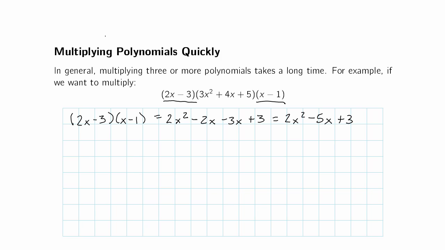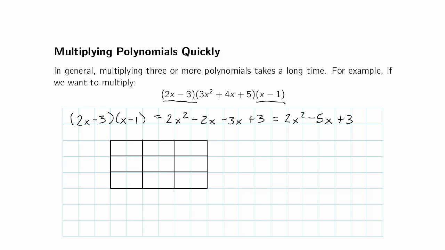And then for the trinomial times trinomial bit, I'm going to use the area method. So down the side, I've got my 2x squared minus 5x plus 3. And across the top, I've got my 3x squared plus 4x plus 5. 2x squared times 3x squared, we've got 6x to the 4th.